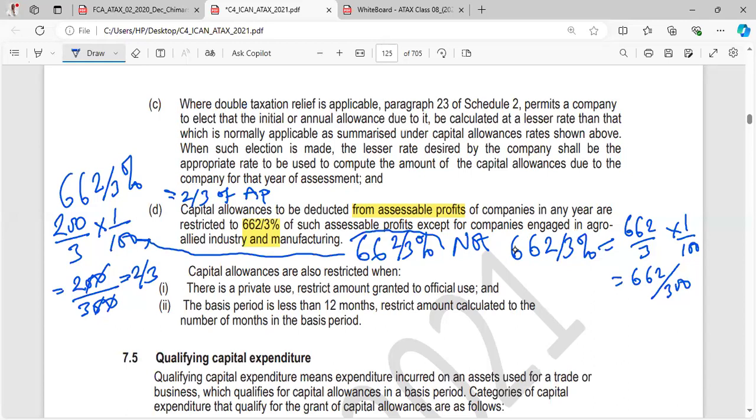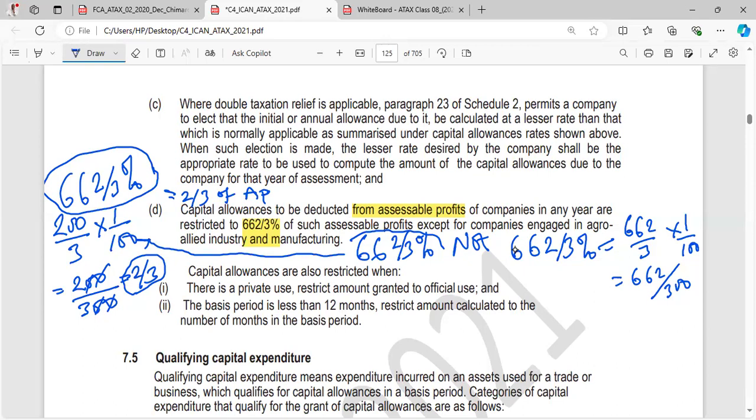Remember, it is 66 2/3%. When you are using 66 2/3, put the percent. When you are just using 2/3, don't put the percent, because 66 2/3% when simplified gave us 2/3 without the percent. Take note of that. So don't go and make the mistake of saying 2/3%.